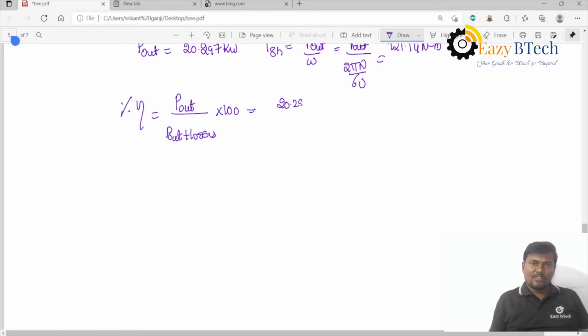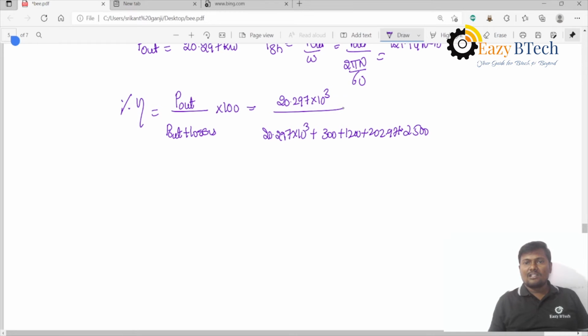Then the percentage efficiency is equal to output power divided by output power plus losses, into 100. So 20.297 into 10 to the power of 3, divided by 20.297 into 10 to the power of 3 plus 300 plus 1200 plus 202.97 plus 2500.